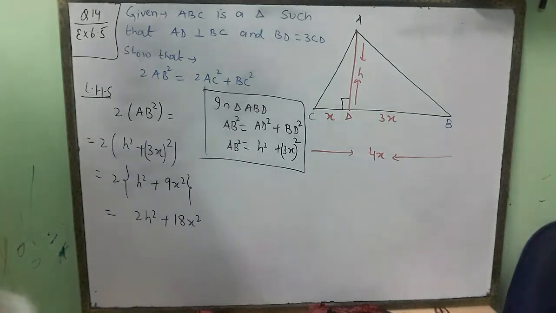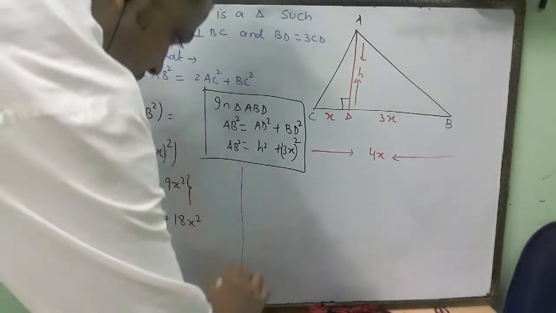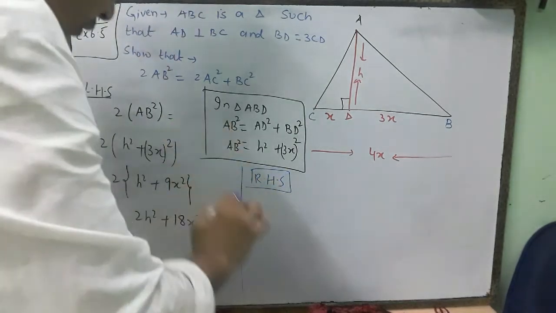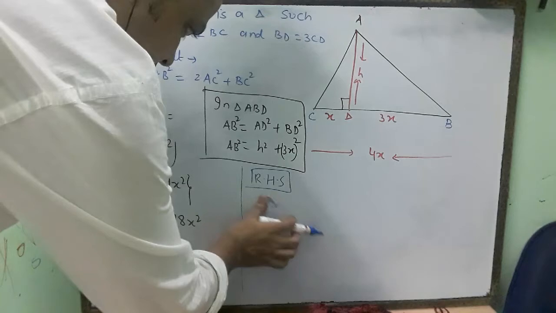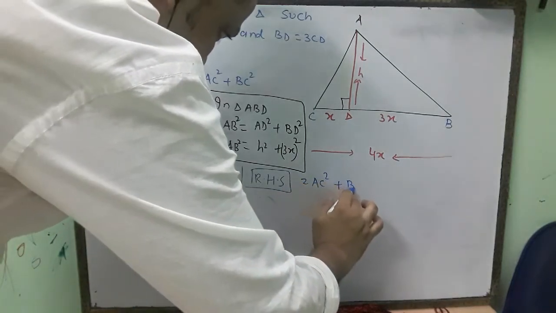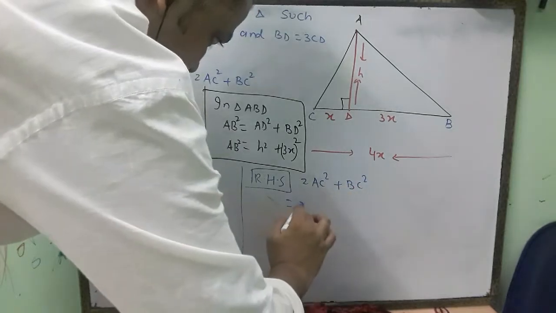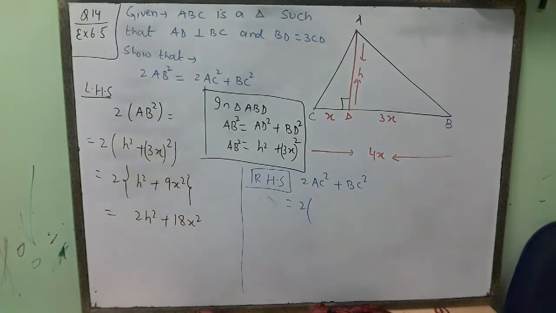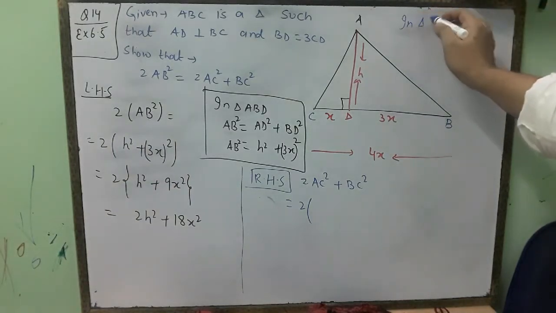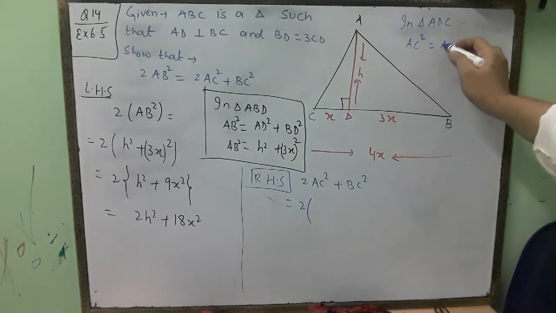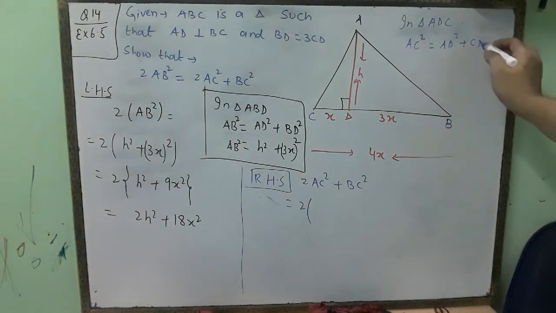Now RHS term. RHS is 2AC square plus BC square. So see this one, 2AC square. AC square can be written in triangle ADC. In triangle ADC, AC square will be AD square plus CD square.